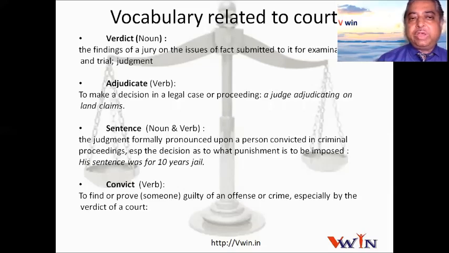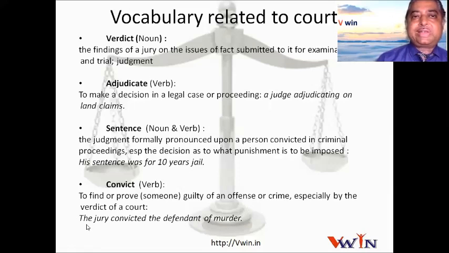But when we say convict, it means a process by which someone has been proven guilty in the court itself. Convict as a noun means someone whose crime has been proven in the court. For example, the jury convicted the defendant of murder. It means the jury finally decided, or gave a verdict, that the defendant is actually a murderer.